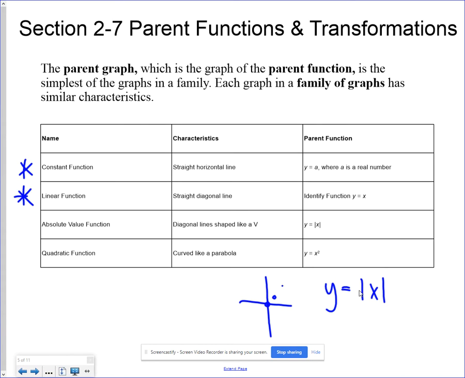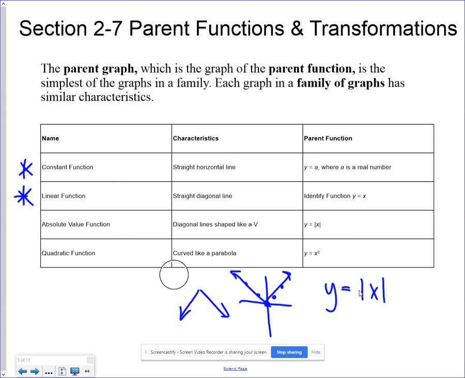It would be this graph right here. This is the parent of this family. All the members in this family resemble the parent, but might look different. They're all going to be V's, and remember, some of these members might open upside down.